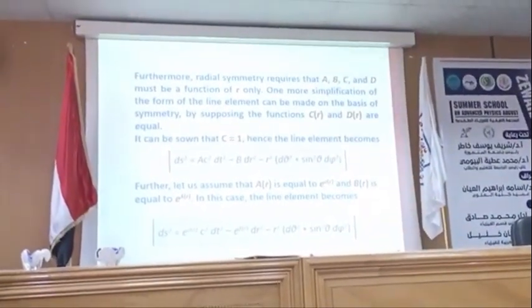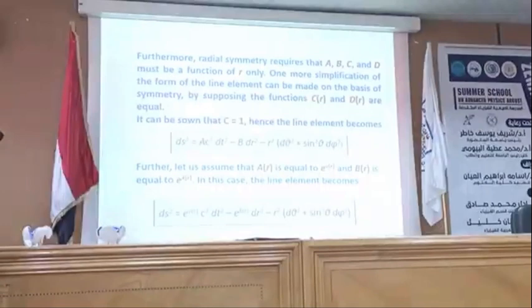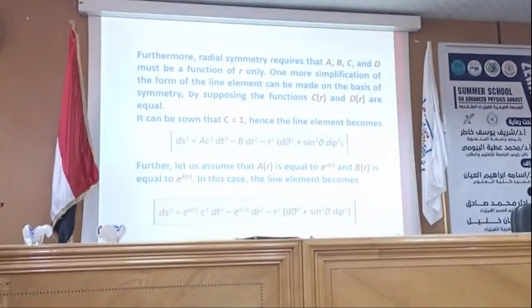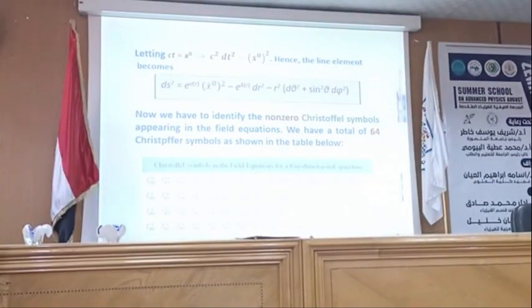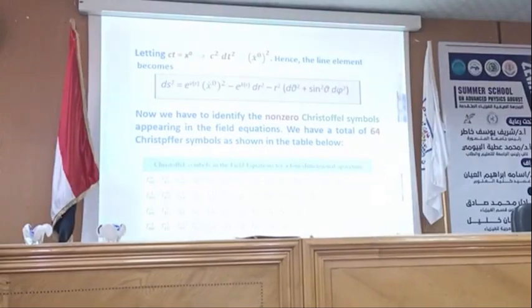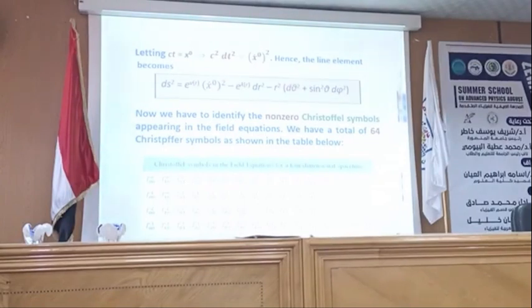So these quantities are related to the field equation through the Christoffel symbols, as we are going to see. So my equation that I'm going to solve is this equation. This is A, which is e to the nu, a function of r, and this is B, which is e to the lambda of r.